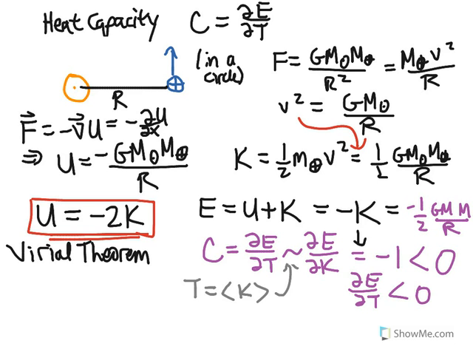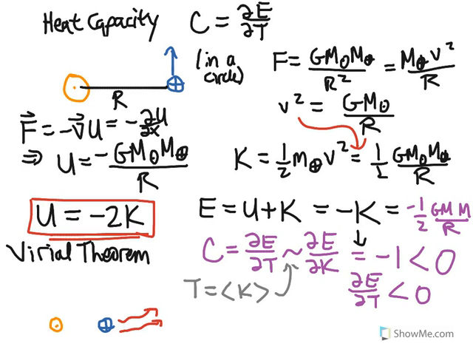And so if you think about what that means, it means that as you take energy away, the temperature of the system is going to increase. What does that mean? So let's say I've got my sun over here, and I've got my earth over here, and let's say that all of a sudden, from my earth, I've sent off a lot of energy.